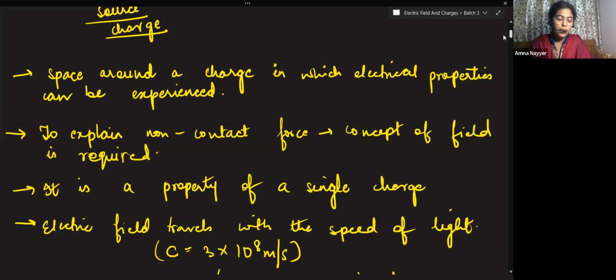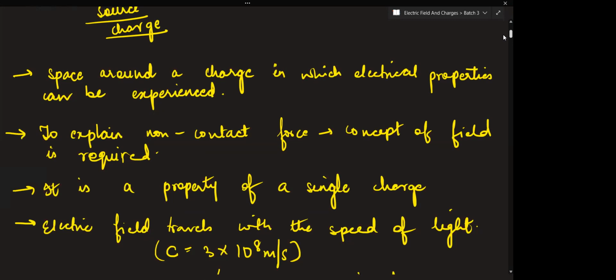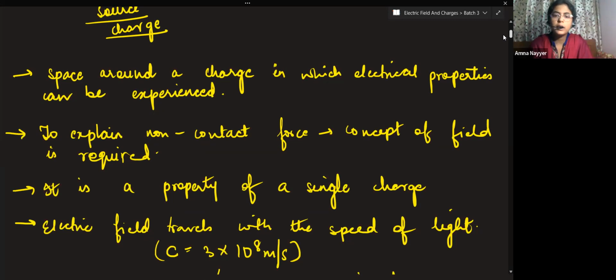So are you able to recall your vectors, parallelogram law and everything, or do you require some revision class on that? Just let me know. Revision required? Okay, in the next class we'll first quickly revise vectors. That will help you, because even in electric field and electric forces, direction will be there continuously.